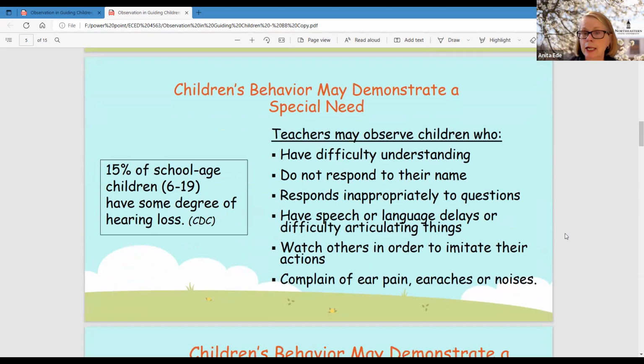You may notice that children have a different kind of special need. They may have difficulty understanding what you say. They may not respond to their name, or they may respond inappropriately to questions. They may complain of ear pain. They may just watch others and try to imitate their actions rather than following the directions you gave.